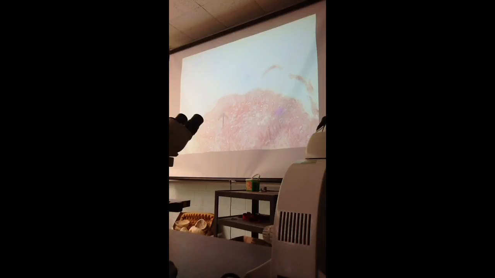So this way you can recognize that this is transitional epithelium. If it was stratified squamous epithelium, the cells would have been flat. Stratified cuboidal, all the layers would have been more cuboidal. But you can see the cells have a dome-like structure. They're not flat. They form domes, bumps.